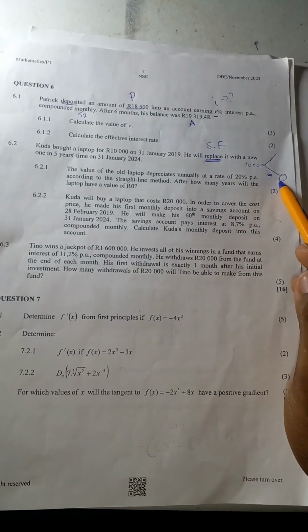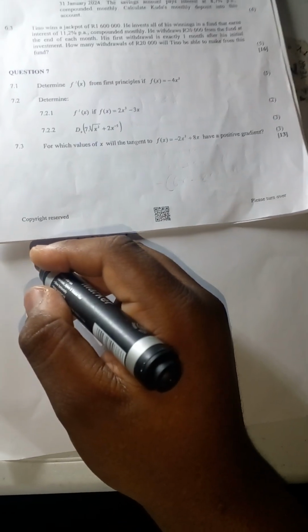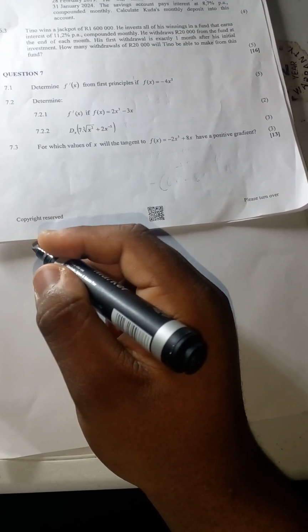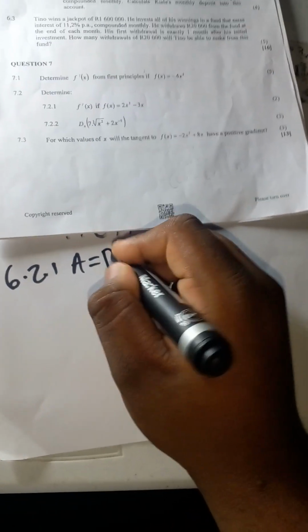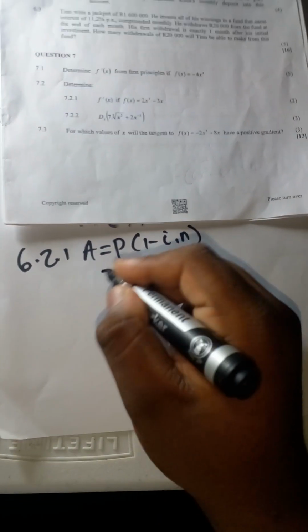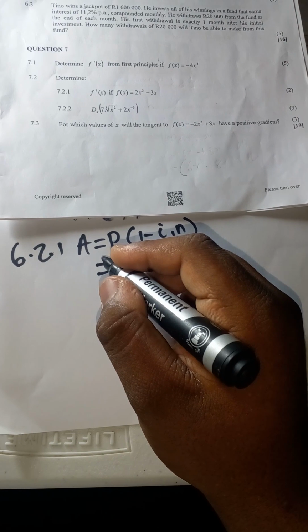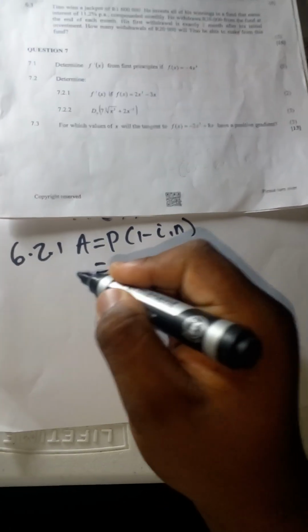So let's calculate the number of years using the straight line method, which is depreciation. We have A equals P times 1 minus I times N. What is the value of A? We were given the final value of A, which is 0.